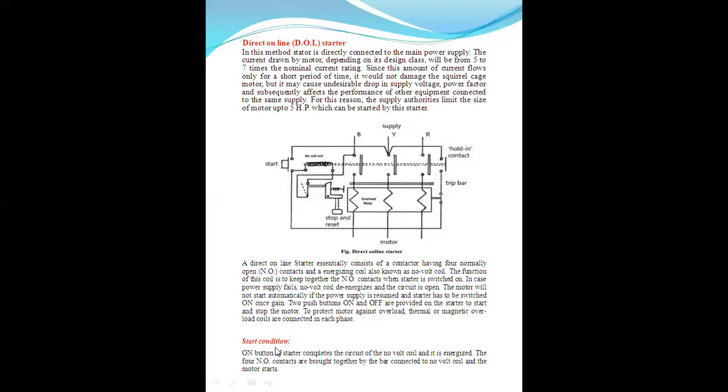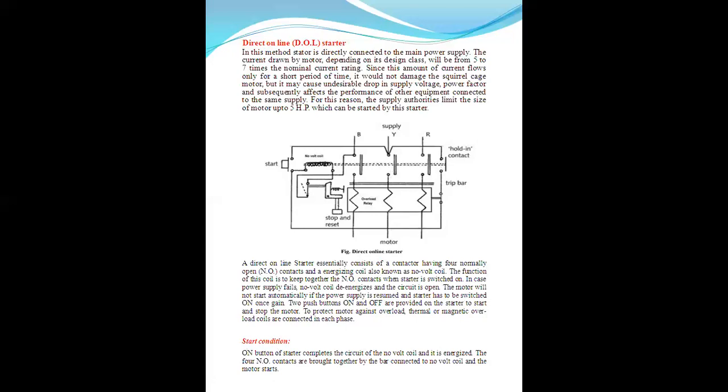Start condition: the on button of the starter completes the circuit of the no volt coil. When the start button is on, the no voltage coil has completed the circuit, the holding contact comes to this position, and the coil is energized.